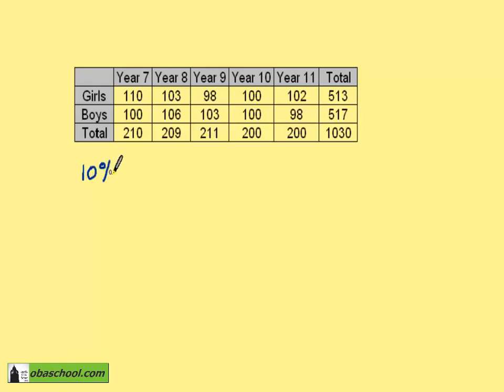If we want a 10% sample, that means we're going to need 10% of 1,030, which is 103 pupils in our sample. Let's consider first of all stratifying by the number of girls and the number of boys.